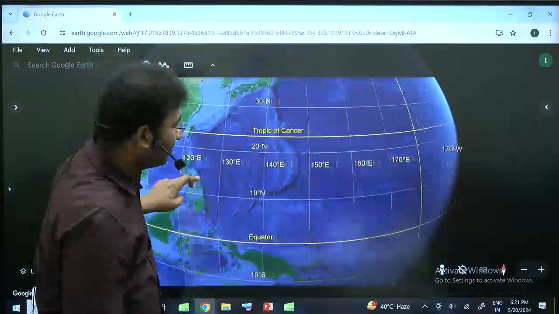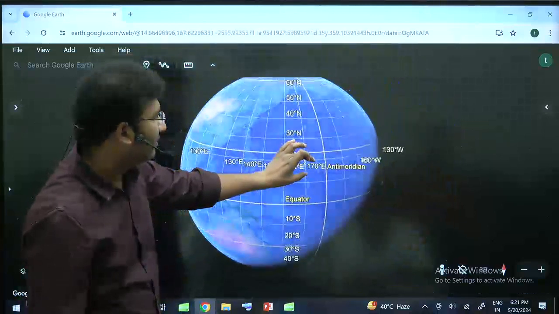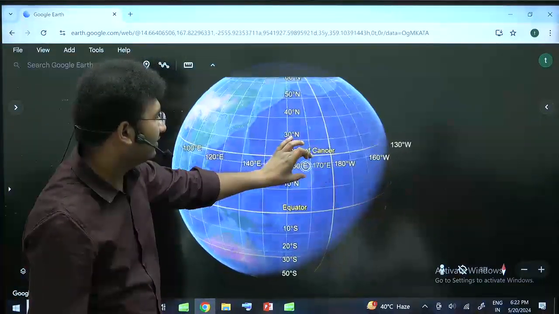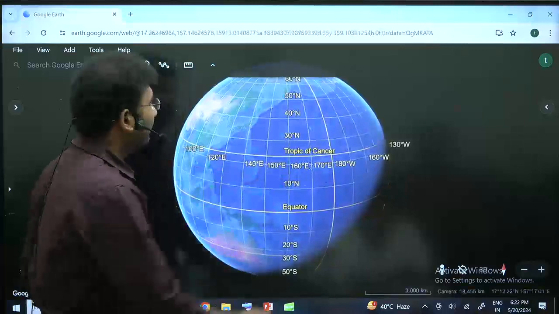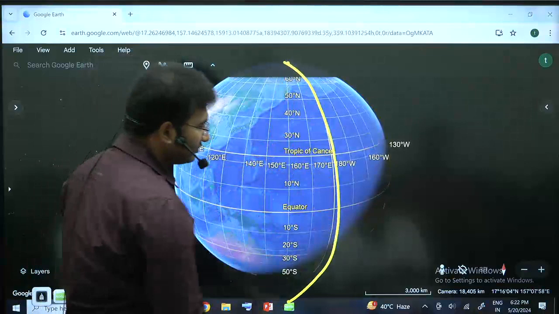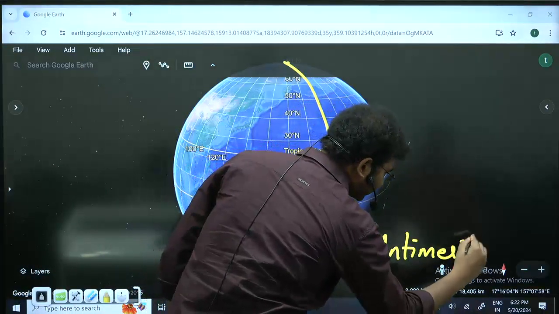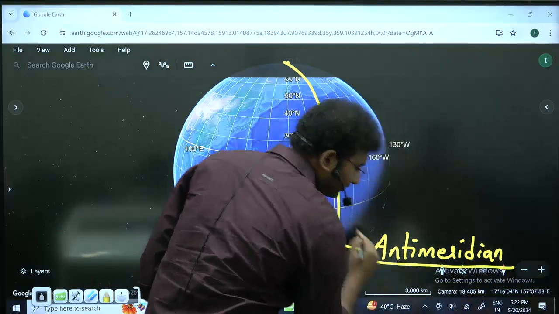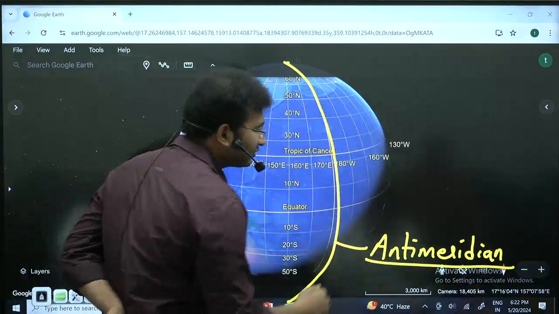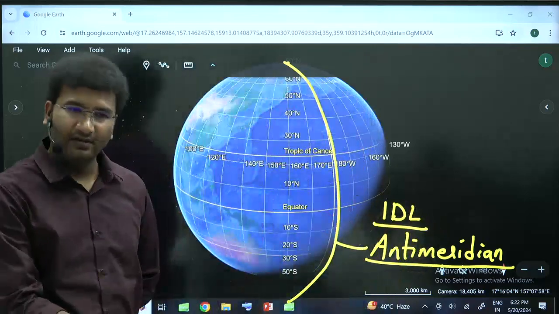Then this is 170 east. Look here, the place where you find the exact opposite line of the prime meridian. This is also called the anti-meridian. It is also called IDL, international date line, right?